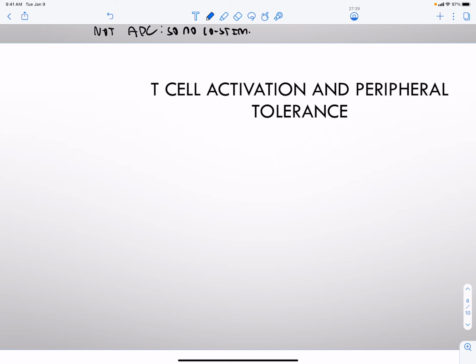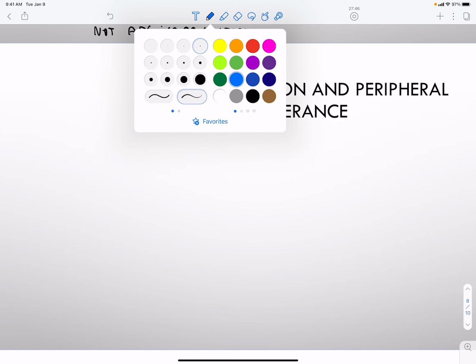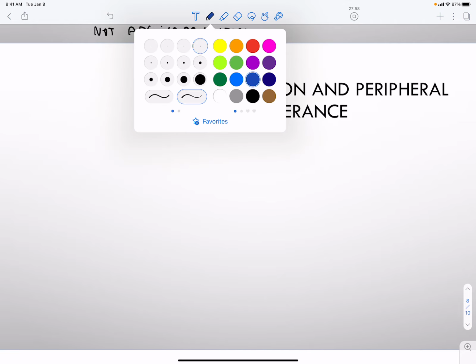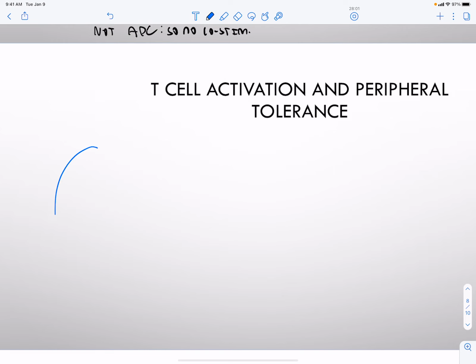Okay, so now let's move on into activation of actual T cells. So in the periphery, the T cell will become activated, and you're going to get an immunological synapse. So on one side, you have our, make it blue again, our T cell. And the T cell is going to have a T cell receptor.